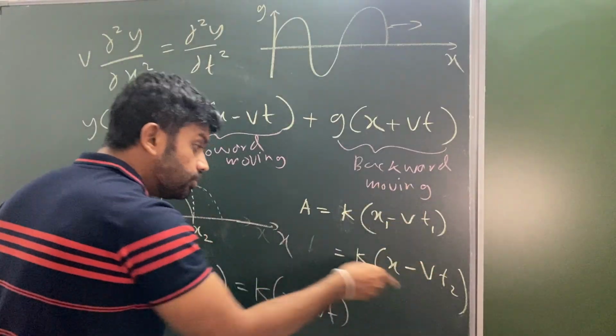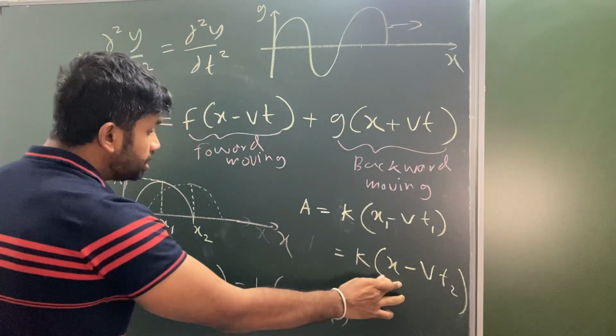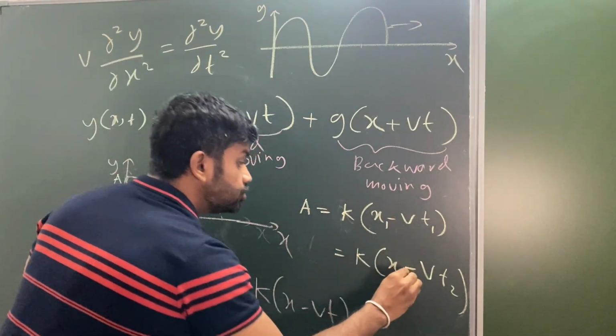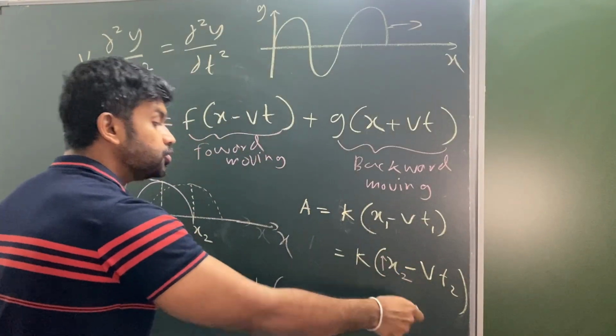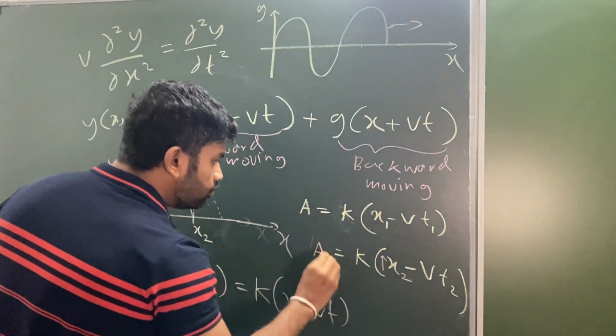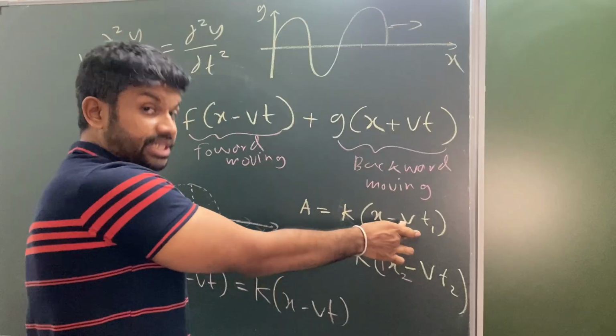But if you really want to end up with the same a, then since there is a subtraction here, guys, x2 has to increase, or simply the x value should be higher than the previous x1, then only we can end up with the same a, because vt2 is higher than vt1.